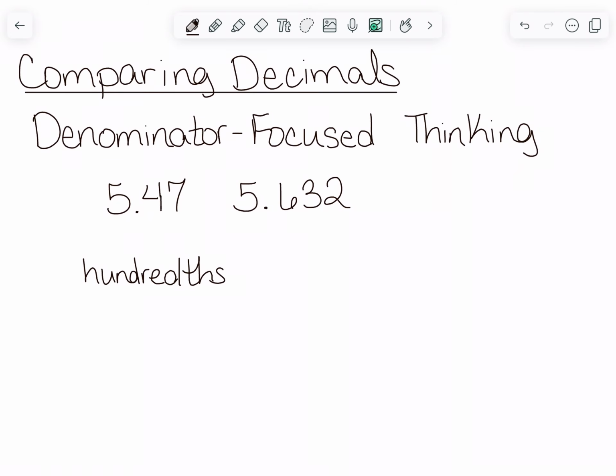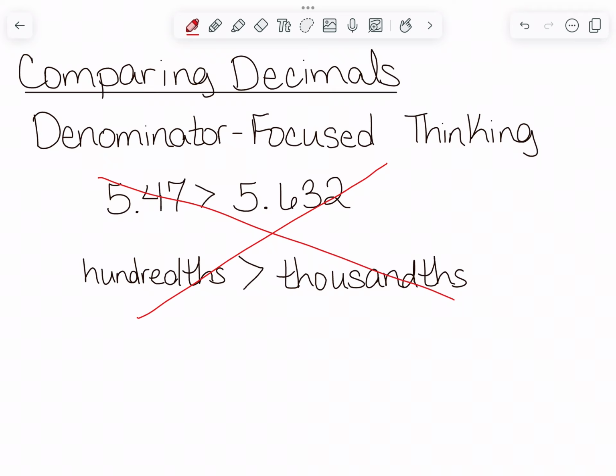For 5 and 632 thousandths, students would focus on the fact that those are the thousandths place value. With this thinking, students recognize that since hundredths are bigger than thousandths, 5 and 47 hundredths are greater than 5 and 632 thousandths. However, this is also incorrect. With this type of thinking, students often think that shorter decimals are larger than longer decimals.